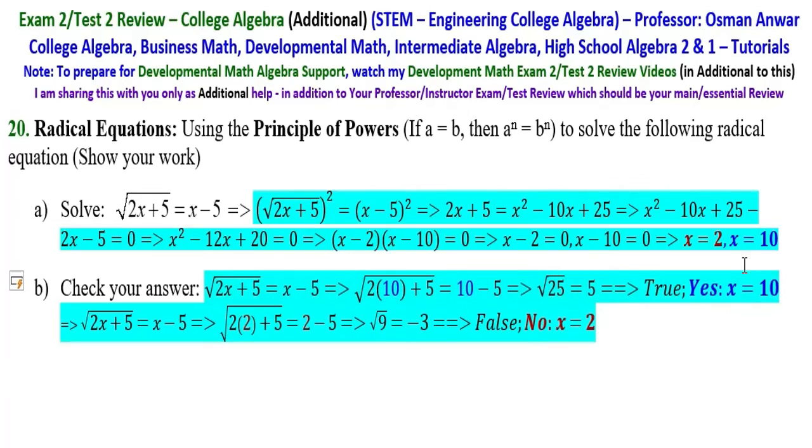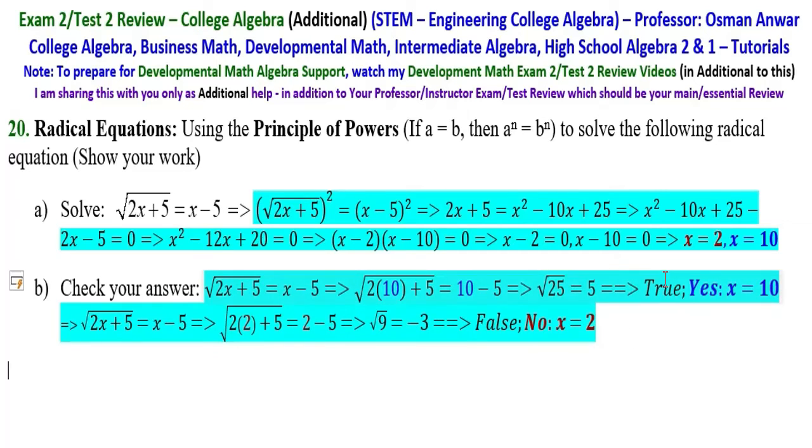Then plug 10. So this is square root of 2 times 10 plus 5 equals 10 minus 5. So this is square root of 25 equals 5. That is true. That means yes, x equals 10 is a solution.